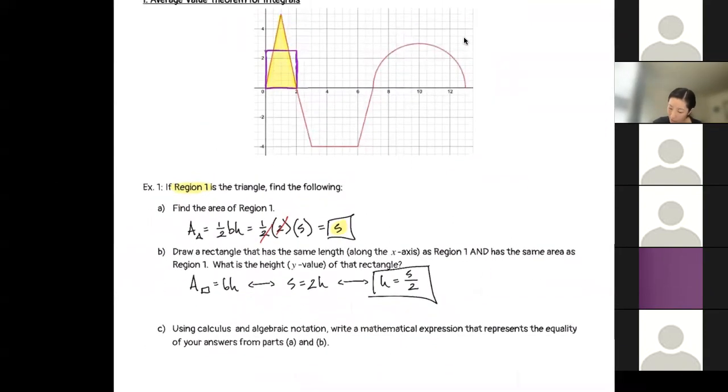All right. So this last piece, I think, is the trickier one. Using calculus notation and algebraic notation, write a mathematical expression that represents the equality of your answers from part A and part B. So if I wanted to write part A using calculus notation, what might that look like?